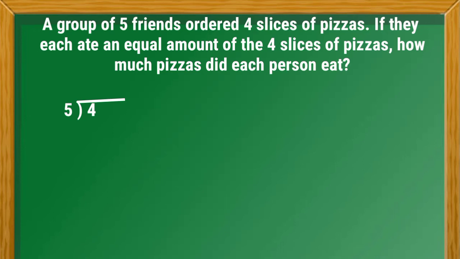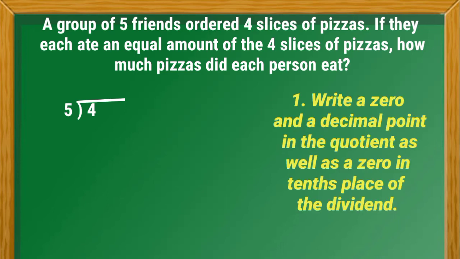In order to divide a smaller number by a bigger number, we have certain steps to follow. Step number 1. Write a 0 and a decimal point in the quotient as well as a 0 in the tenths place of the dividend. So 4 divided by 5. Since 4 is less than 5, we have to add a decimal point after 4 and add 0.